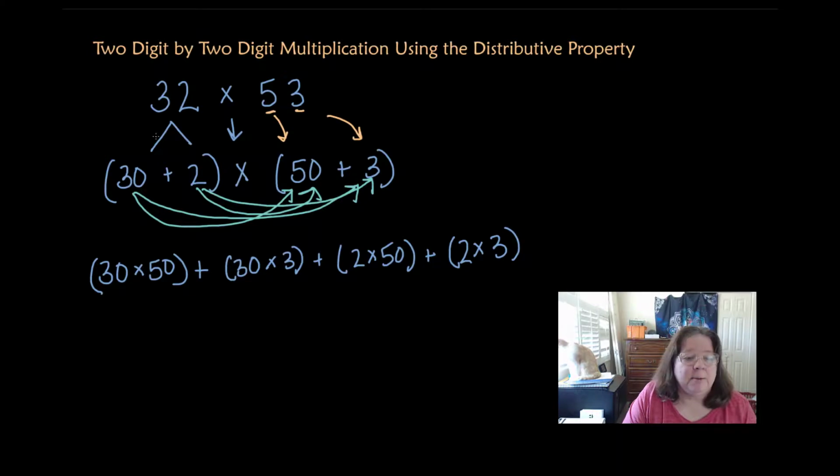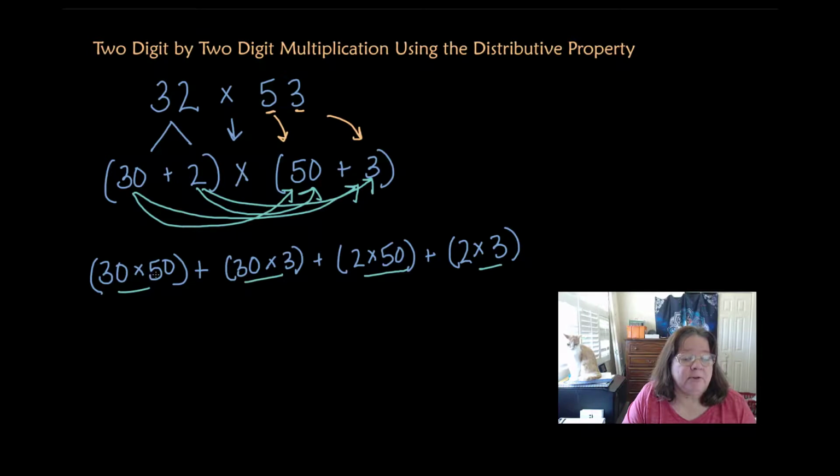Do you see how we did that? We did the 30 times the first term of the second factor, and then 30 times the second term. Then we did 2 times the first term and 2 times the second term. Then we added all together. These are all partial products.